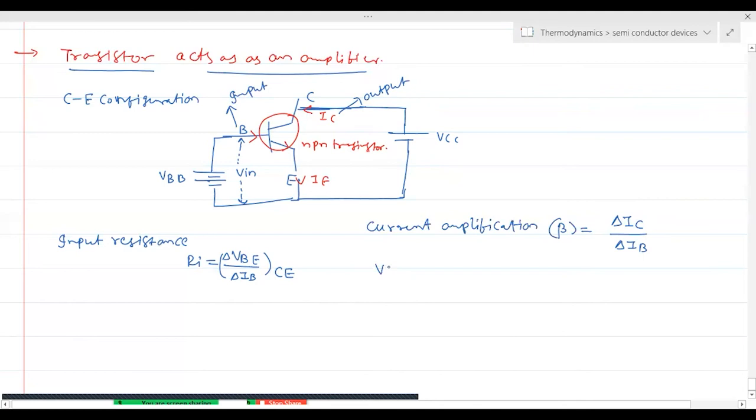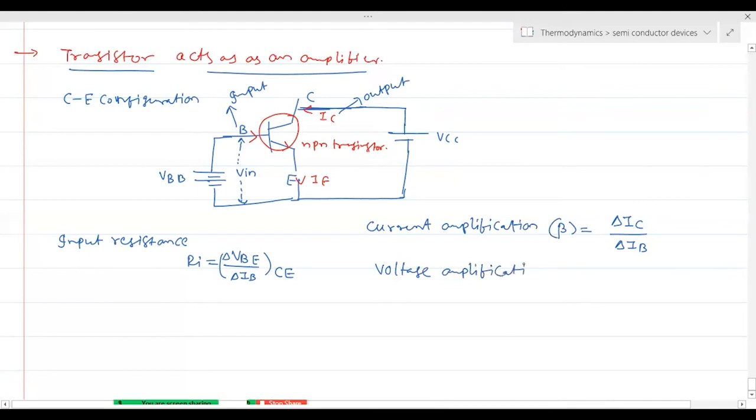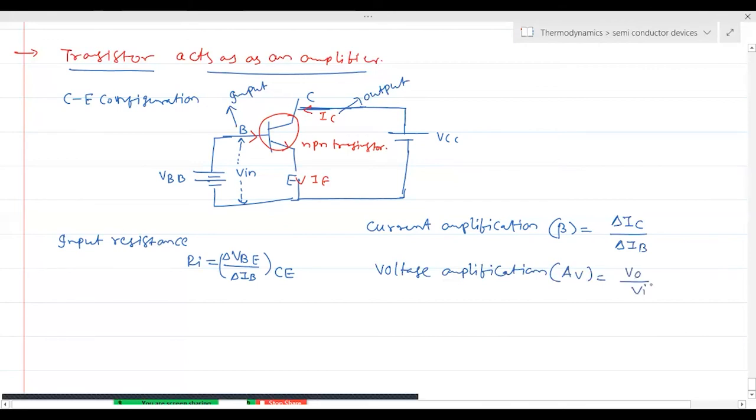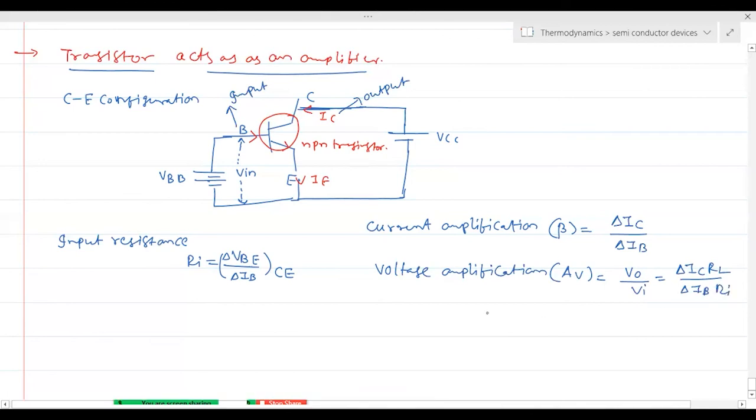Next, after this, we will take voltage amplification. We call that AV. That is output voltage by input voltage. Output voltage means output current into output resistance, and input current into input resistance we are taking.